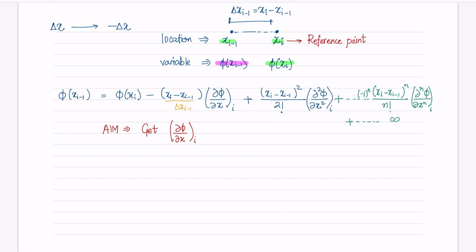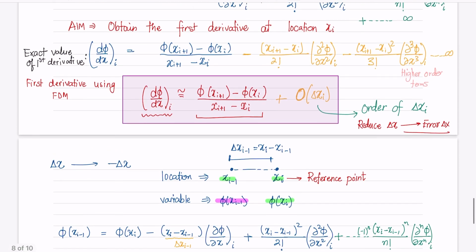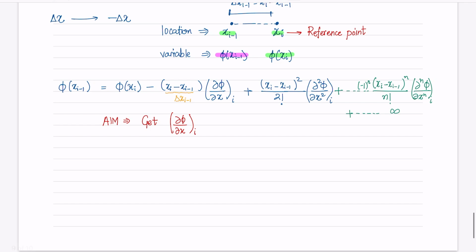So just keep in mind that this is going to be a multivariable problem later on. That is why I'm keeping with the partial derivatives. So again, if we look at the Taylor series expansion, it is not very hard to understand that we can evaluate del phi over del x at the point I just by tweaking some things here and there.